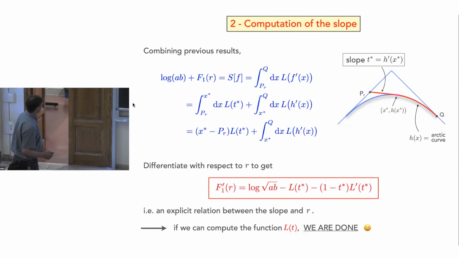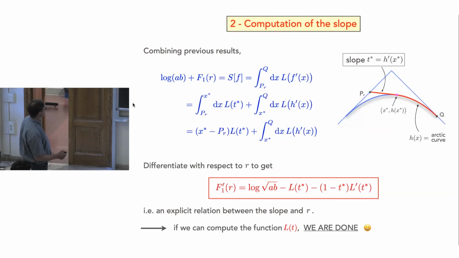Now, we combine the two results. This is the result coming from the lattice, and this is the result coming from the previous slide. S is an integral of L over F prime, and F prime is the red curve here. It contains a straight part on which the derivative of F is constant.